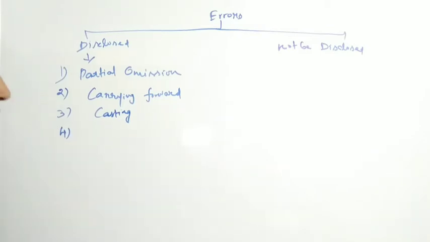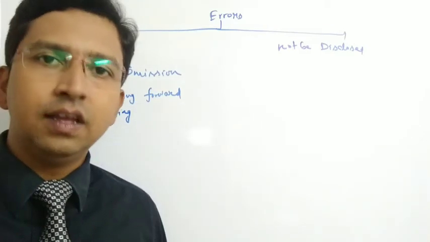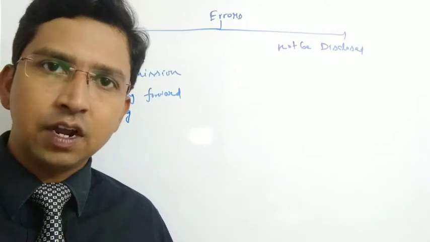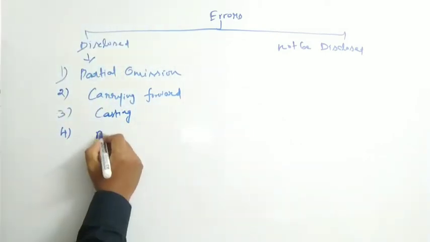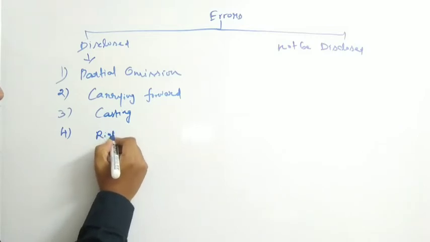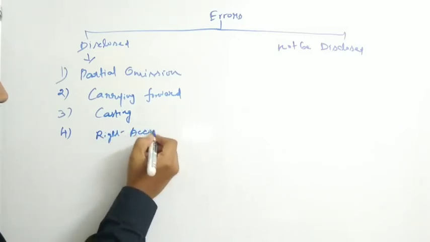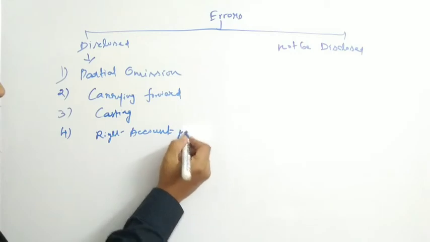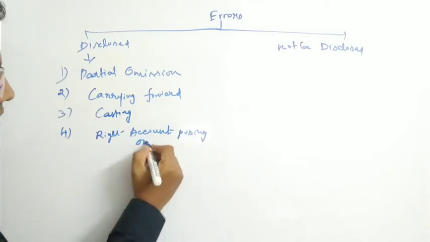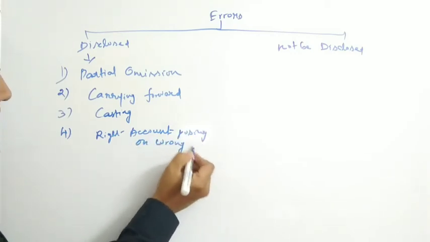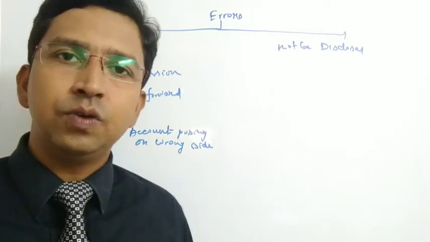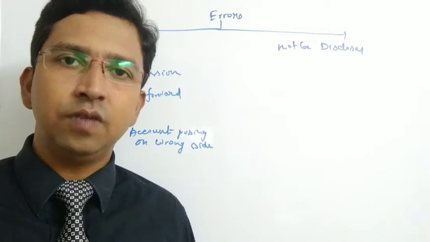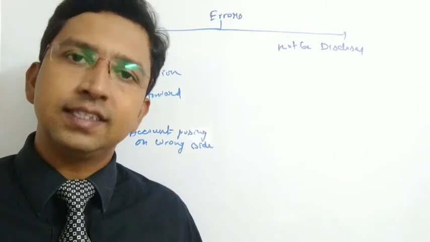And the fourth one is posting into the right account on the wrong side. How is it possible? Goods sold to Raja. The accounts involved here are Raja account and sales account.